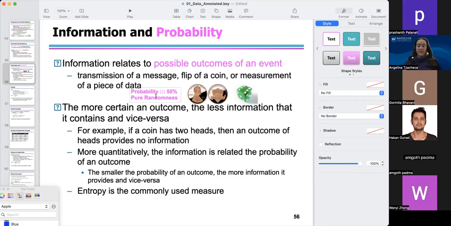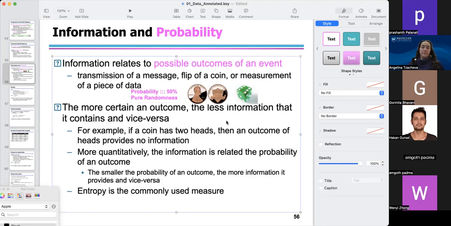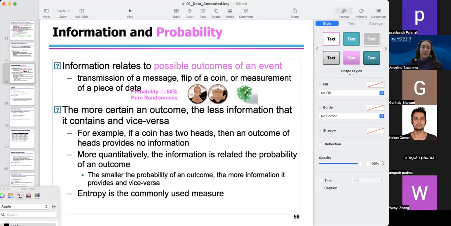If it was 40%, 60%, then one side has a higher chance than the other, so we can try to make a decision or have a better chance to determine what the outcome of this event is going to be. So the more certain the outcome, the less information it contains.